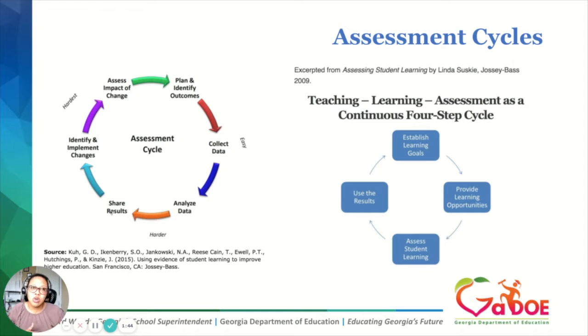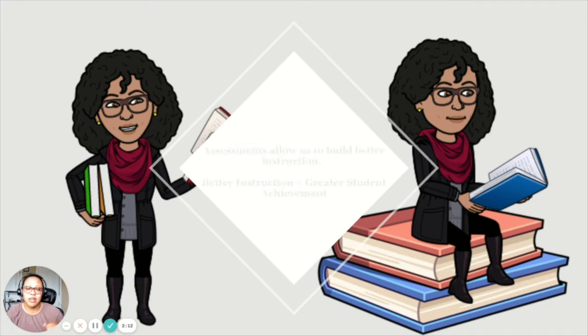Sharing those results, making sure that feedback is given to the students and other stakeholders that need to be involved in that process, identifying and implementing the changes that need to happen, and then making those changes and assessing the impact of that change. And then you're starting the process all over again. So as we move through the assessment cycle, it gets more and more difficult, but it's totally worth it.